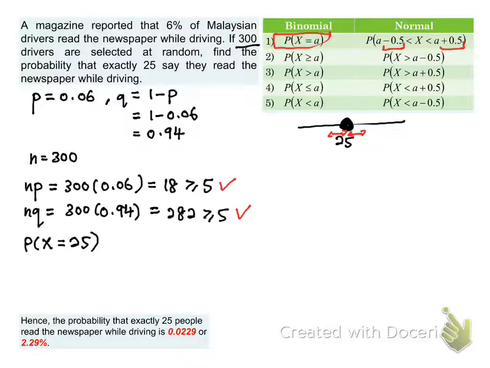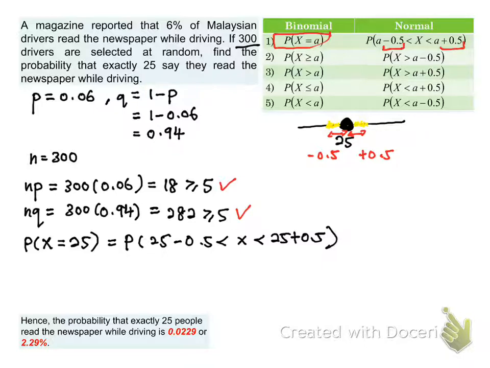When you color it, this part has the minus 0.5 included and this one the plus 0.5 included, because you color for the big circle one. So it will be P(25 minus 0.5 less than X less than 25 plus 0.5), which means this part we included, this part we also included. Is it easier to understand in this way?